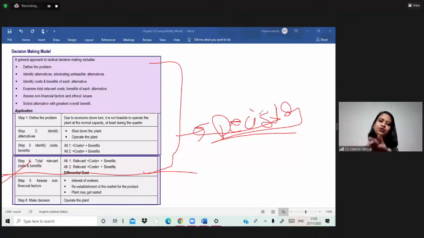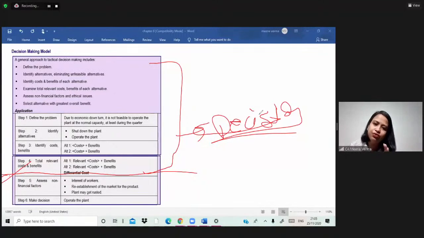Only the cost which is related to the proposal. Any cost which is not at all related to your proposal, meaning whether you accept or reject the proposal you have to incur such cost, and you will keep incurring it in the future also, such cost is not relevant for decision making.